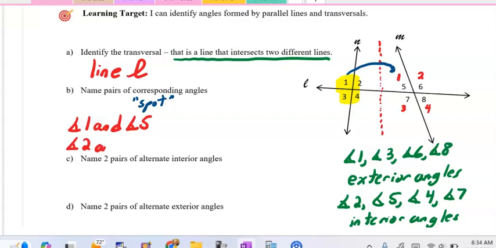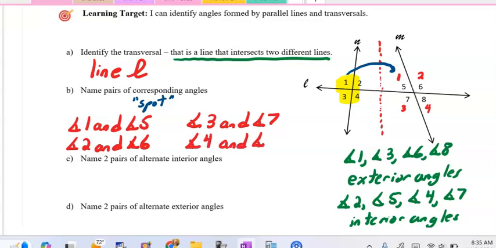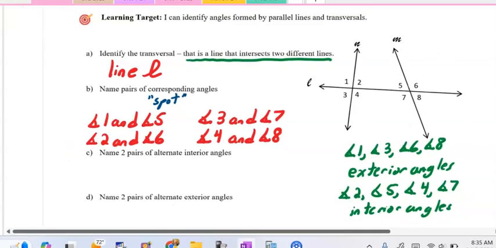Angle 2 and angle 6 are corresponding. Angle 3 and angle 7 are corresponding. And the last pair are angle 4 and angle 8. So that's the definition of corresponding angles visually. They're in the same spot if you were to slide over the angles.